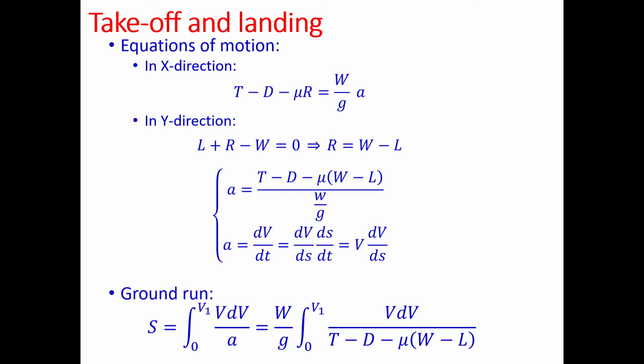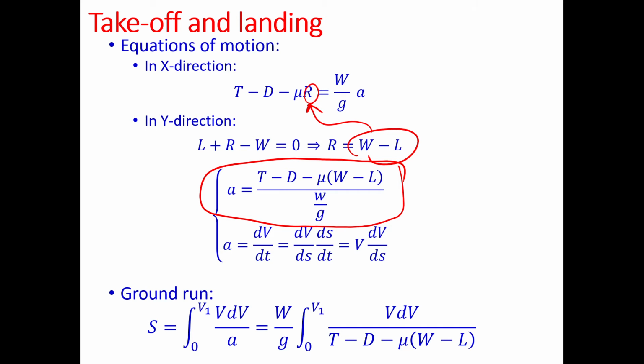Using this, you can actually find the acceleration, right? Because we have the normal force definition, we are going to replace this here and just move things around. This is the equation you are going to get. a is equal to T minus D minus mu multiplied by W minus L.